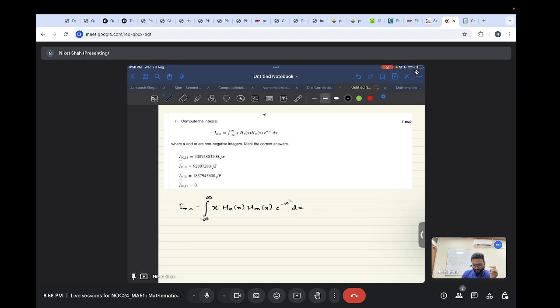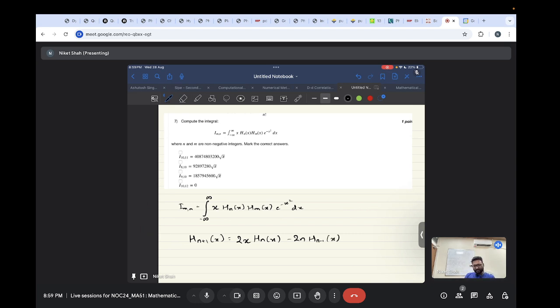Okay, so firstly what we want to eliminate is x into Hn(x) or Hm(x), whatever. For that, we'll use a recurrence relation. I'm sorry, the recurrence relation corresponding to Hermite polynomials: H of n plus 1 of x is equal to 2x Hn(x) minus 2n H of n minus 1 of x.